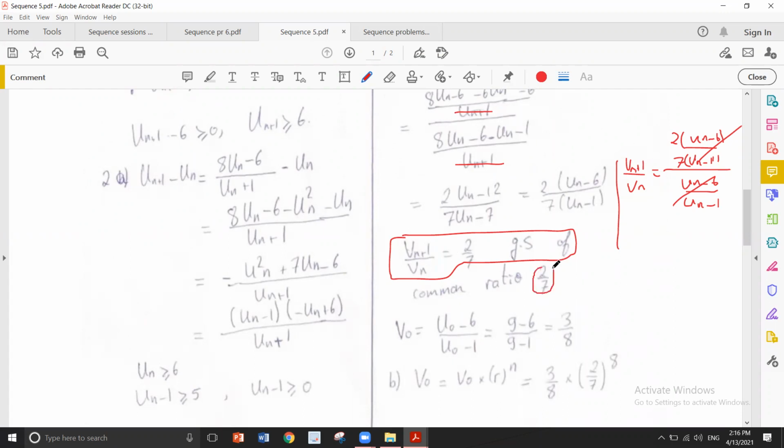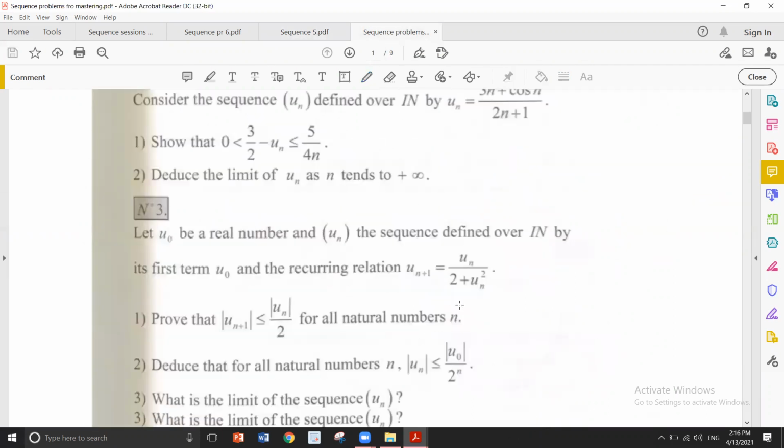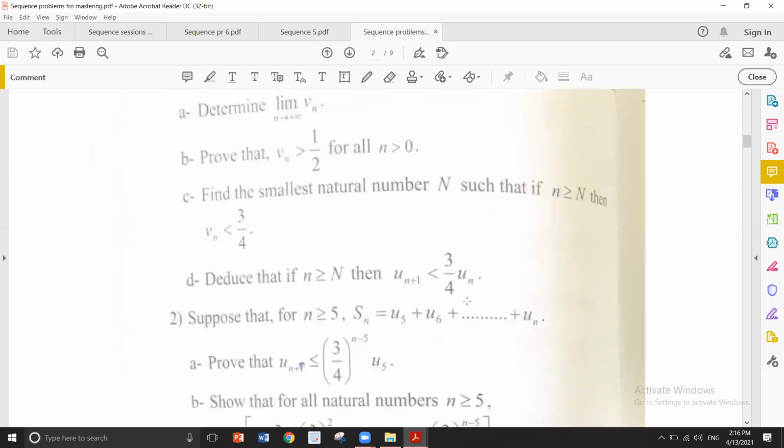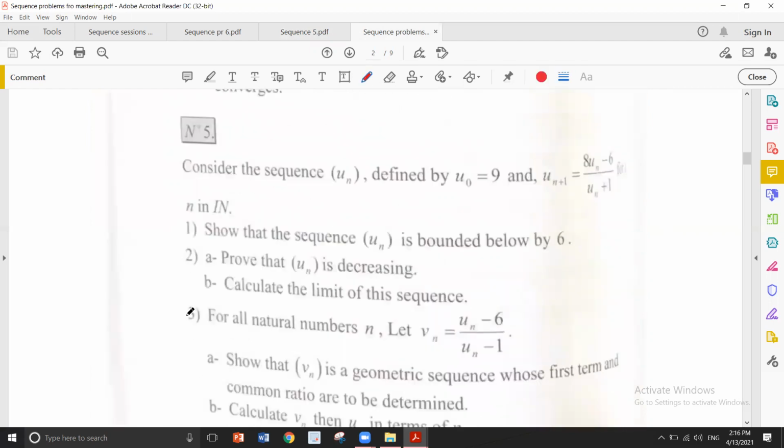Geometric sequence of common ratio 2 over 7. Now to calculate the first term V0, I put V0 equal U0 minus 6 over U0 minus 1. Why did I use U0? Because I have U0.